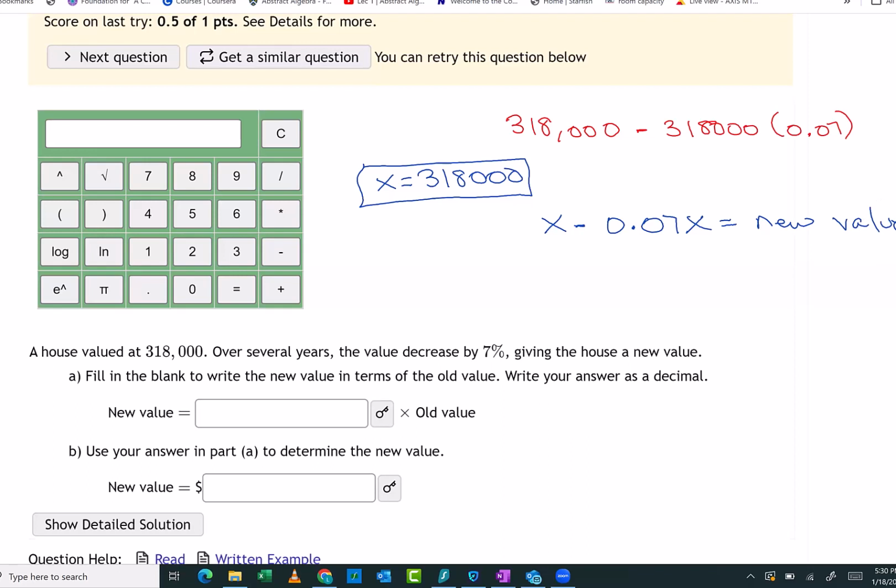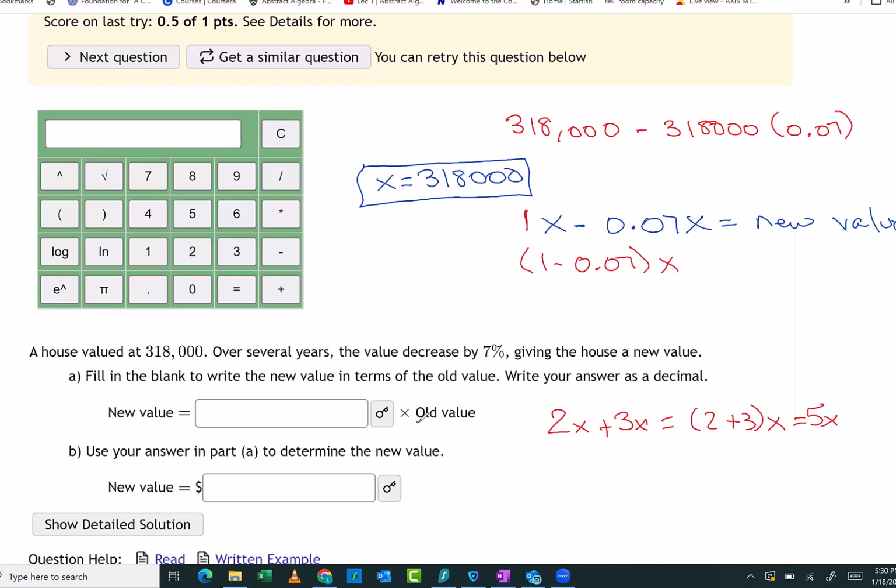Well, don't forget, even though you can't see it, there is actually a 1 in front of that X. And just like if I had 2X plus 3X, I could say this is the same as 2 plus 3 times X, which is 5X, right? This is the same as 1 minus 0.07 times X.